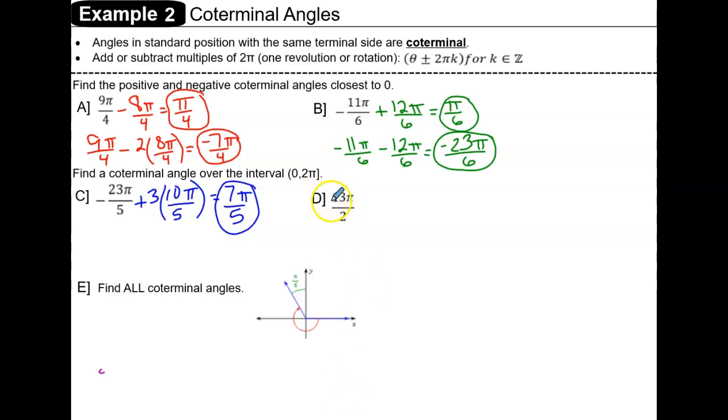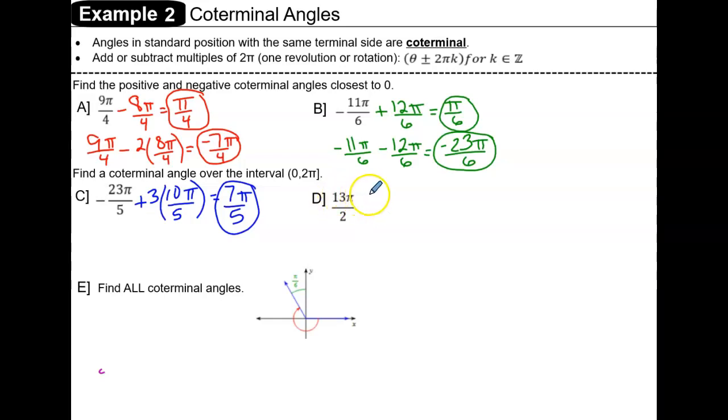Okay, then in problem D, we double the denominator and get 4 pi over 2. So since that starting angle's terminal side is 13 pi over 2, subtracting 4 would not be close enough to 0. If we go 2 revolutions in the clockwise direction, that would be 13 minus 8.